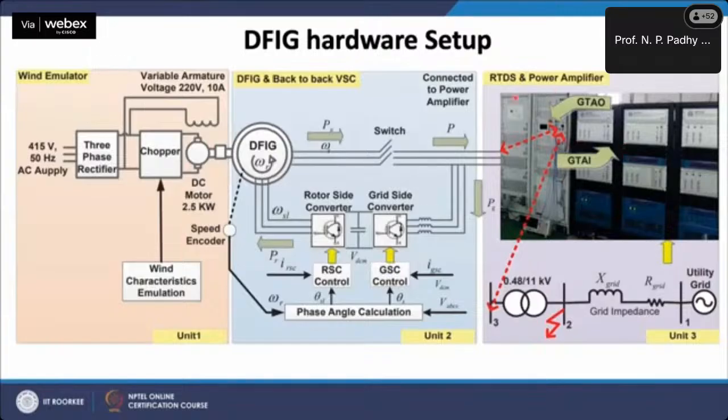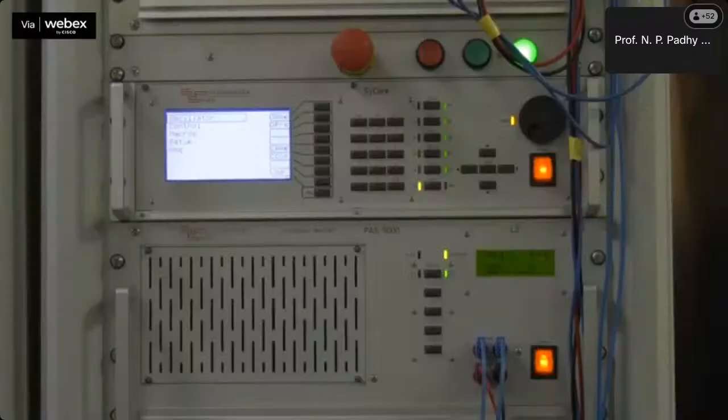In the network we can see in unit 3 a utility grid of 11 kilovolt that is supplying through the transformer and providing 0.4 kilovolt to bus number 3. Bus number 3 is then connected to the power amplifier using a GTAO card.